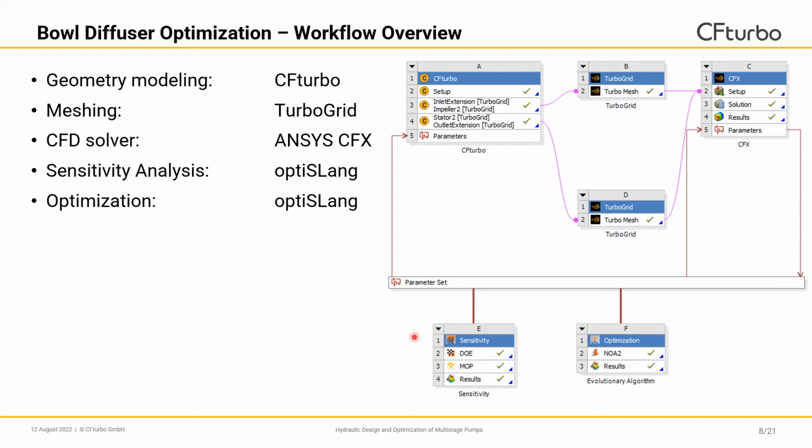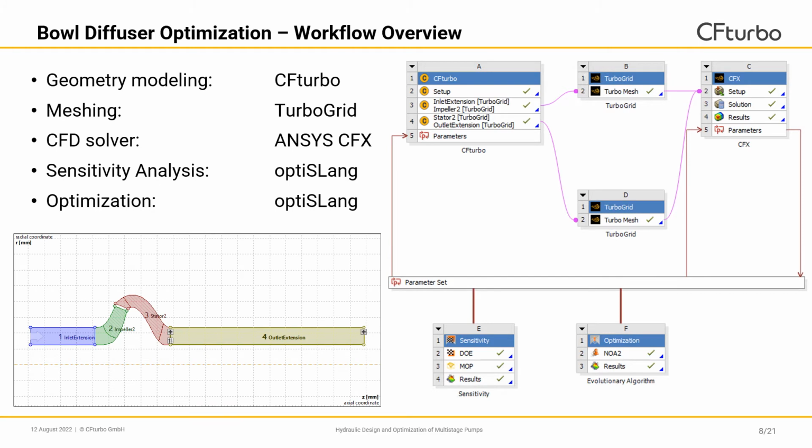Additionally, we attached a sensitivity analysis and an optimization system to this workflow. In order to keep the computational costs low, we only used a reduced model where we only model a single pump stage, including some artificial outlet and inlet extensions.